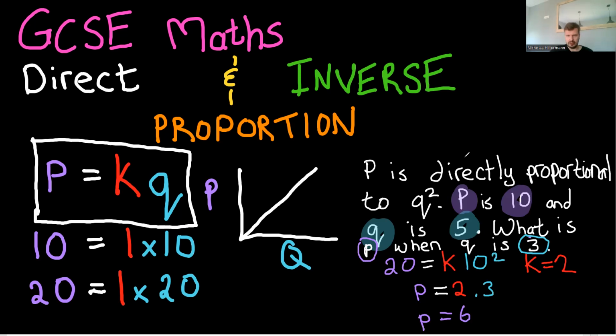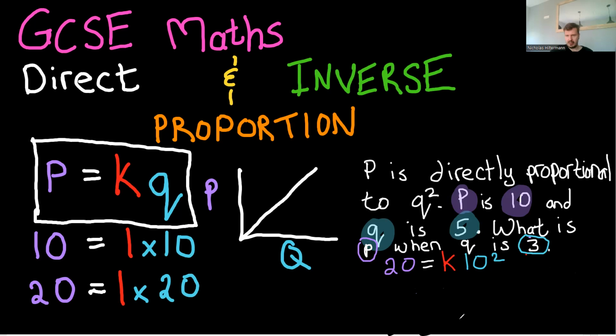Okay, so I'm going to erase what we did and see how that would change the answer. What's the first step? The first step is mostly always finding out what K is.